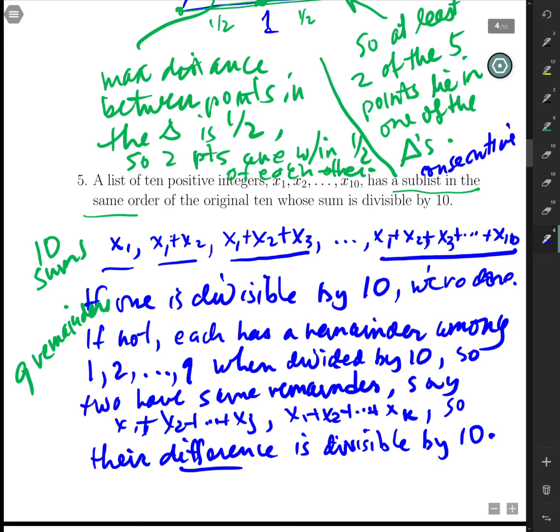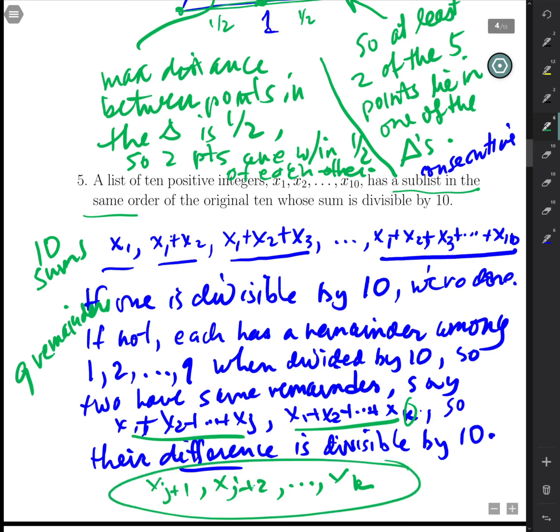And what will the difference be here? Assuming k is the bigger one, then if I take the difference, it's going to go from xj plus 1 to xj plus 2 all the way up to xk. That's this thing minus that thing, right? So xj would be subtracted out there, so xj plus 1 is the first one. So there it is right there. Very nice little application here.